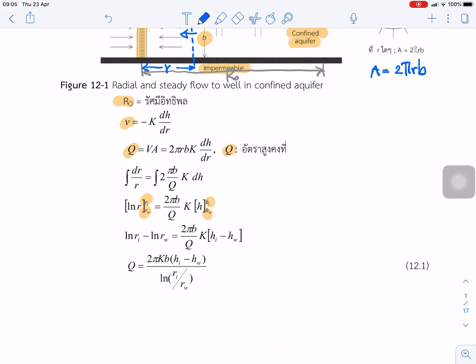So finally we got this equation for steady flow in a confined aquifer.